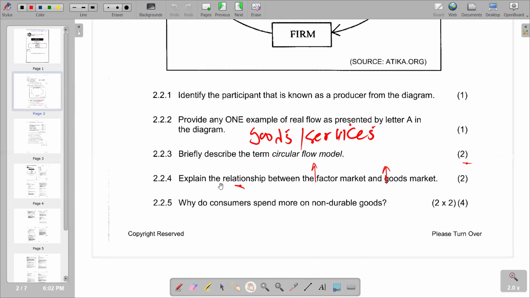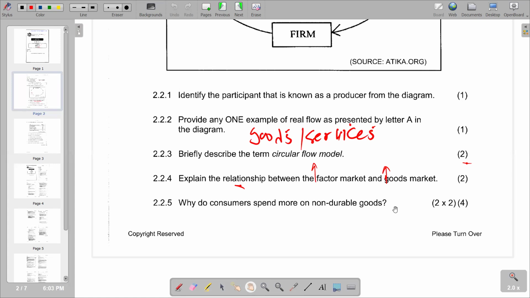Then we go to 2.2.5. Why do consumers spend more money on non-durable goods? So remember, we've got durable and non-durable goods. Remember, non-durable goods are those goods that do not last for a long time. And obviously, these goods are also cheaper as compared to durable goods. So consumers spend more on non-durable goods because they are cheaper.